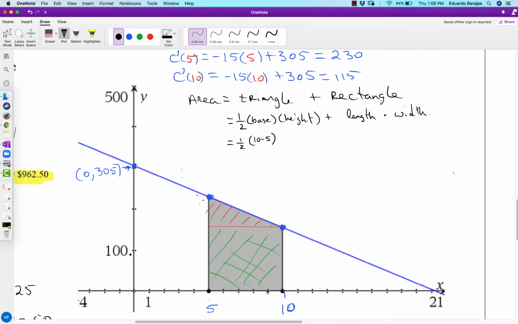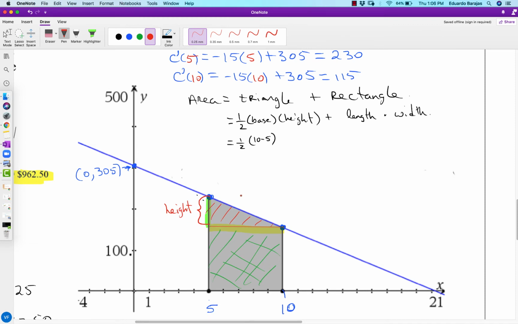It's also going to be one of the sides of our rectangle. So looking at the triangle, I'm going to consider this as my base right here. So here is my base. And then my height is going to be just the distance from there to there. So what I need to do is subtract this value from that value. Right, so right here, from there to there, that's my height of just the triangle.